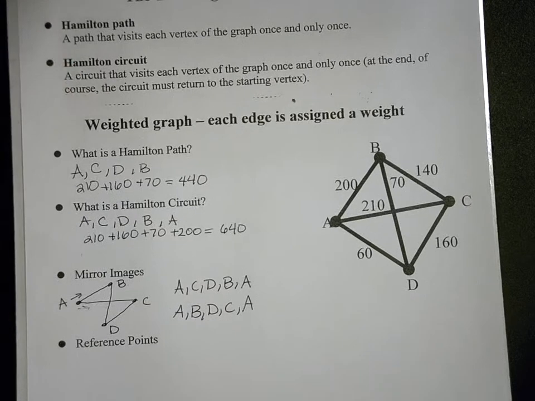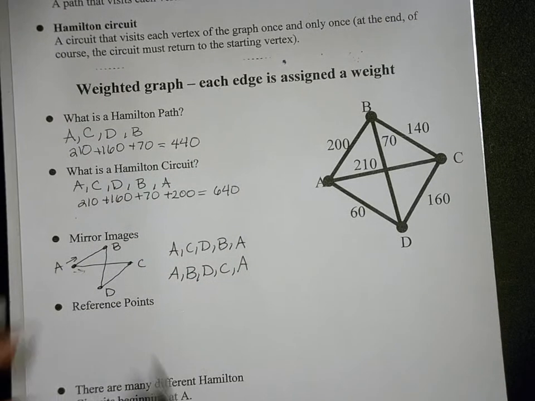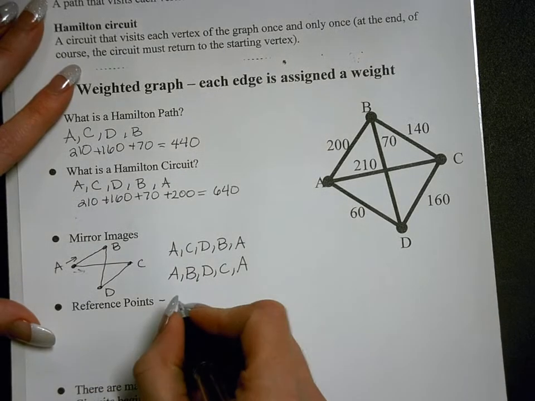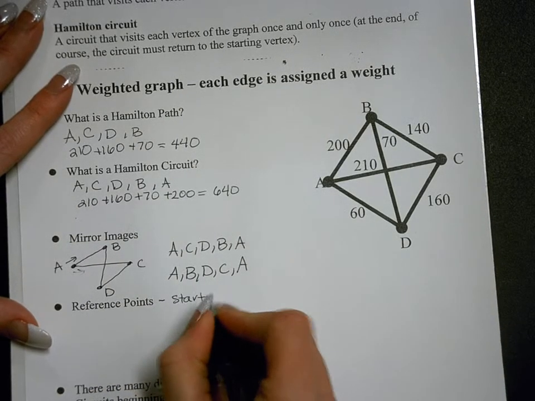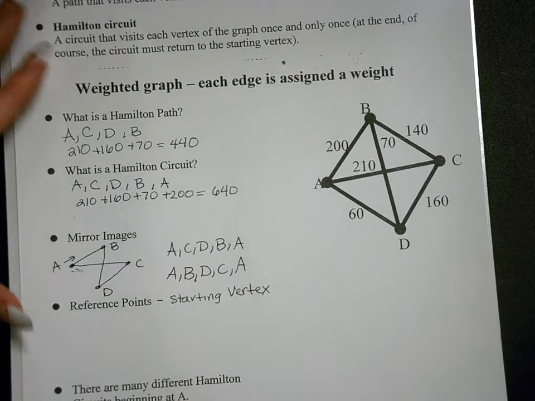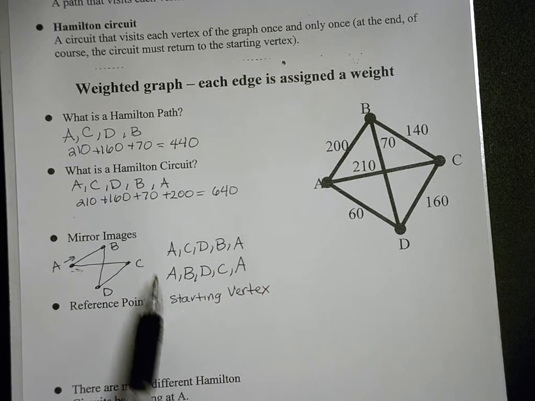The last concept that we need to be familiar with as we move on into the different algorithms is a reference point, or starting vertex. Just how we had this circuit here, we wrote it two different ways because of the mirror image.